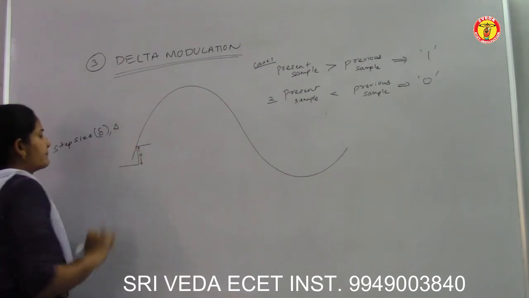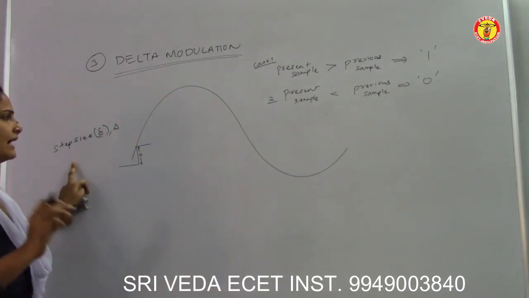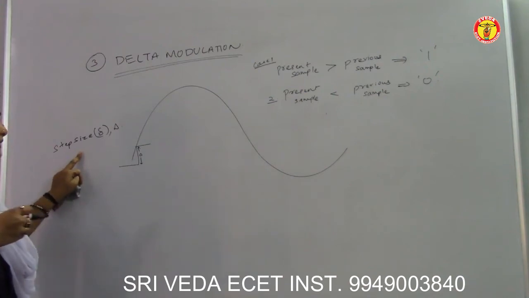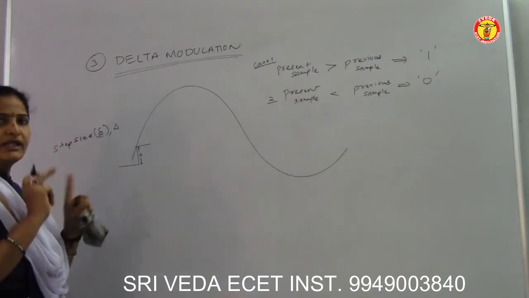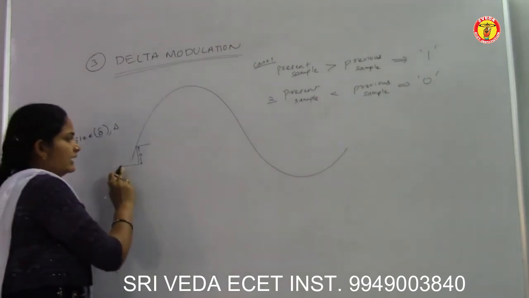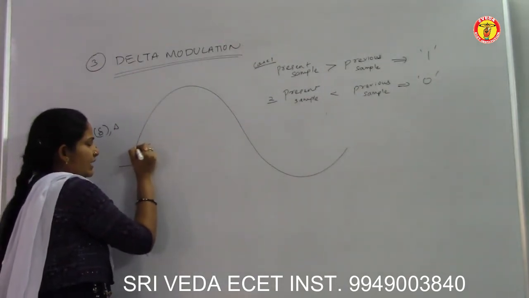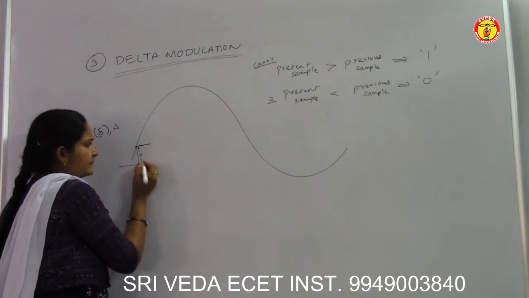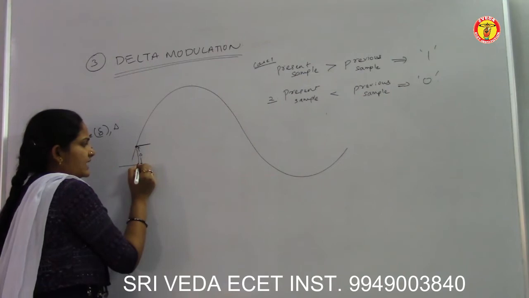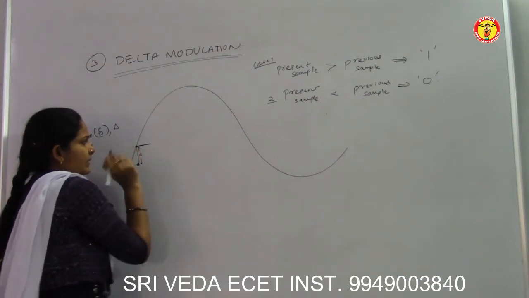In the last class we learned that step size is the difference between two sample values: this is my first sample and this is my second, so step size is the difference between these two sample values.